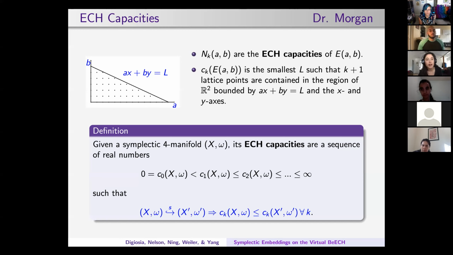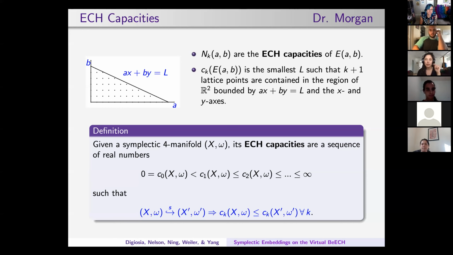So there's a line of slope negative a over b, and as you move the line to the right, it includes more and more lattice points.